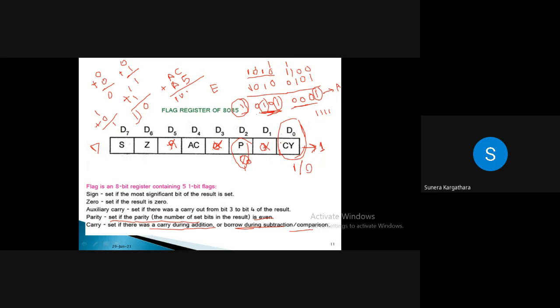From a group of data, you want to check whether the number is even or odd. So if there is an odd number of ones, you can say the number is odd. If there is an even number of ones inside your result, you can say your number is even. So this can be one application. Obviously, there are so many applications where we need to check this parity bit.